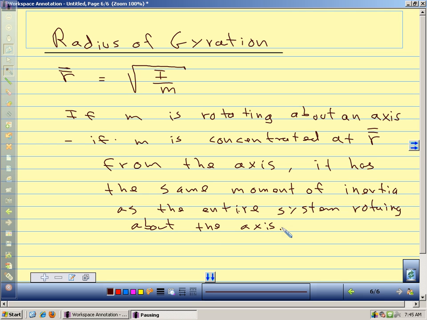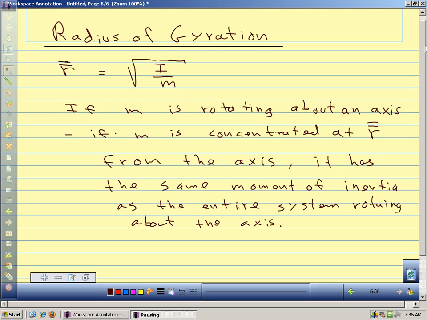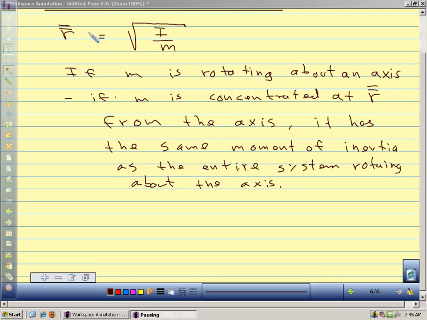So the radius of gyration just gives us a way to, if we have a rotating system, simplify our calculations by calculating the radius of gyration, and we can assume that the mass is concentrated at that distance from the axis. And with certain types of problems, it simplifies the work. We defined it as the moment of inertia over the mass.